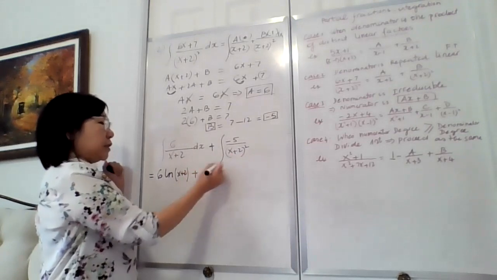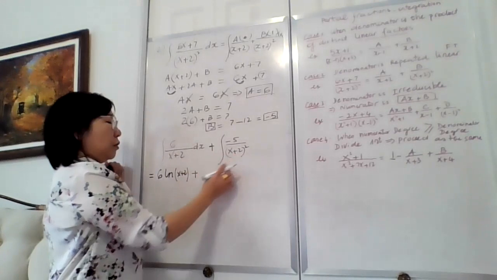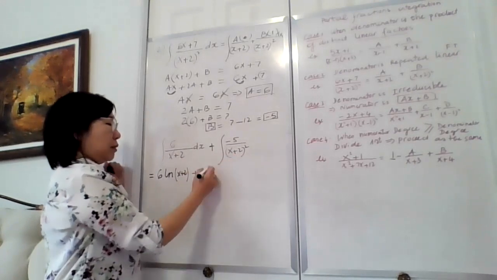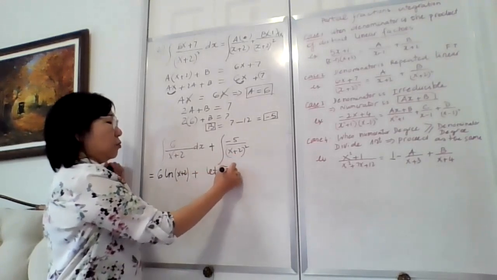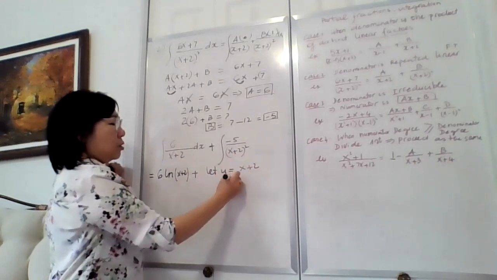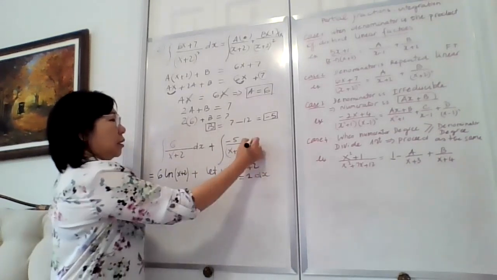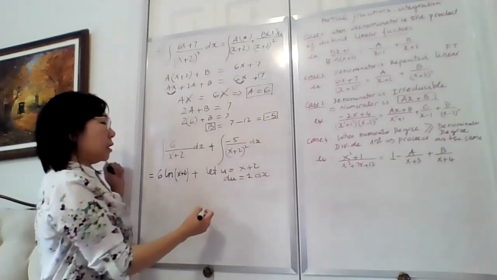Remember back in the previous lesson, you learned substitution by u. So now I'm going to use that. Let u equal x plus 2, so du equals 1 dx, and remember, we have a dx here.